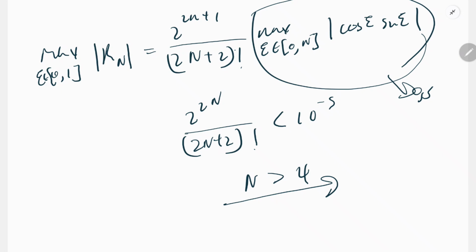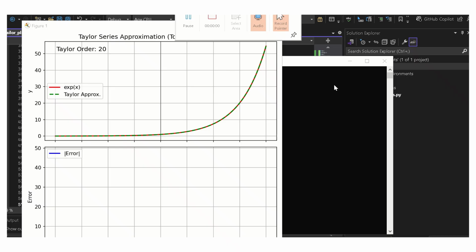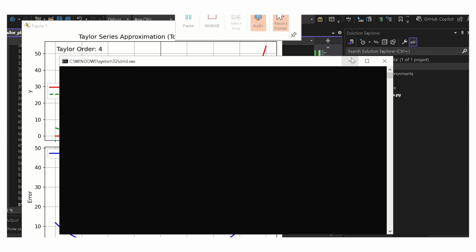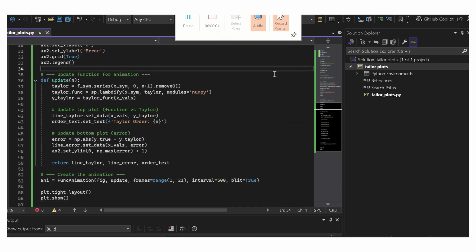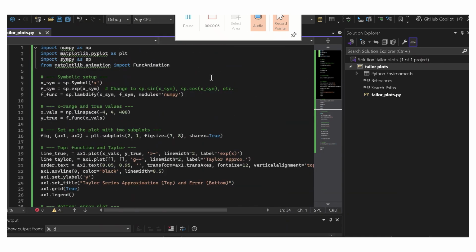Also in this video, I'll do a small animation on how errors look with these Taylor series. From now on, I'm getting back to my computer. This is a Python program that shows you what happens if you add more terms.